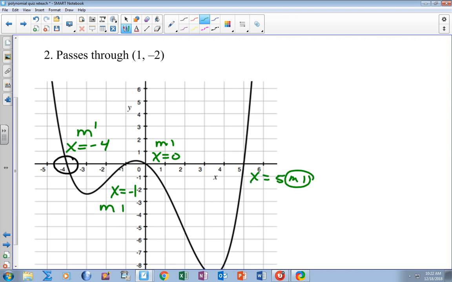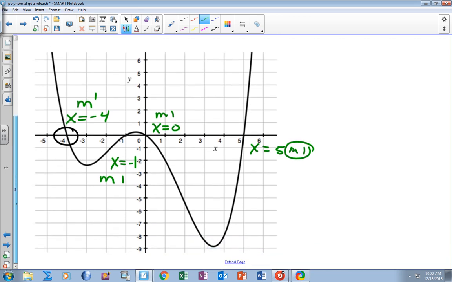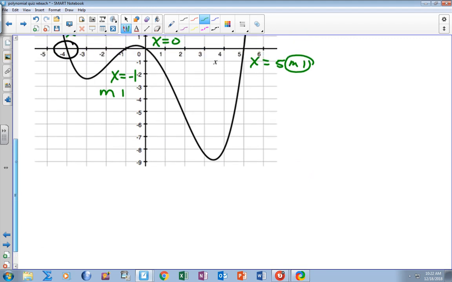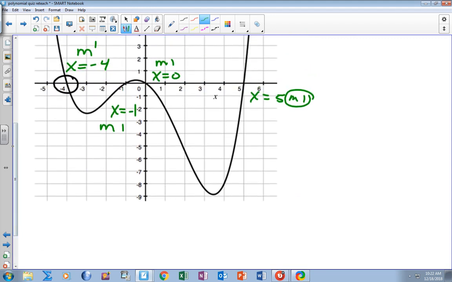Now we're going to write the equation based off of the actual roots and the multiplicities. Our general equation is y equals a, so we need to figure out what that stretch or shrink factor is. Now we write these roots in factored form using their exponents from their multiplicities.